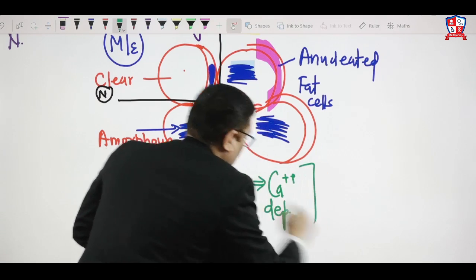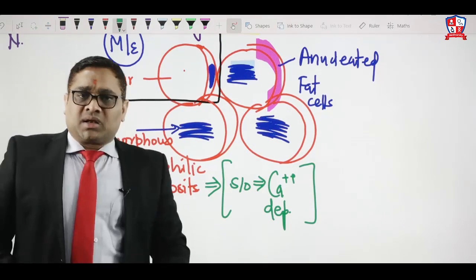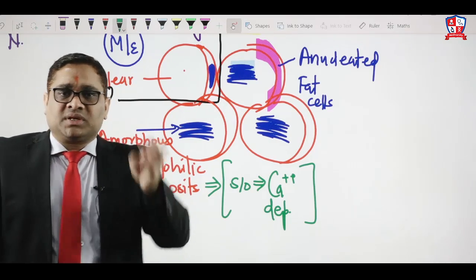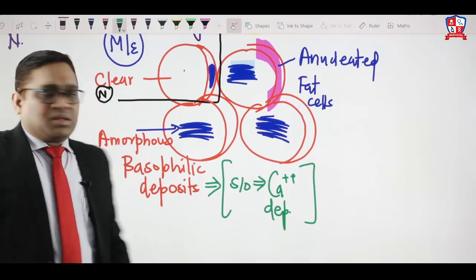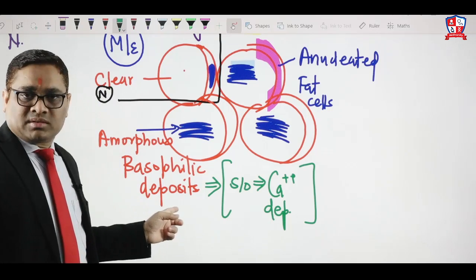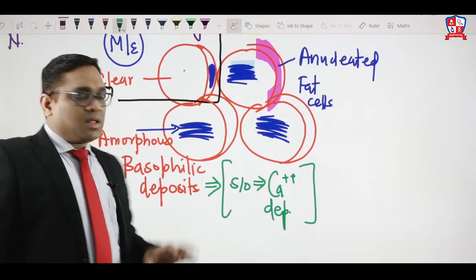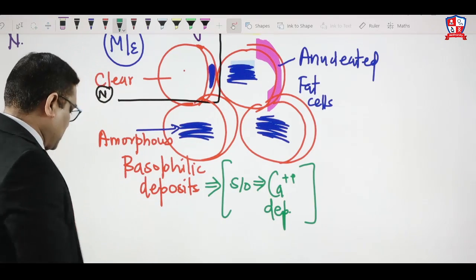That is the important thing. We have to keep that in mind whenever we are reading pathology. When we see an amorphous calcium deposit, it will always be blue in color. So an amorphous basophilic deposit will be suggestive of calcium deposit. This is how we will identify fat necrosis.